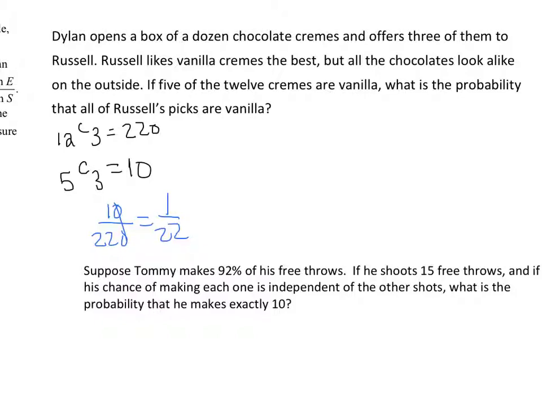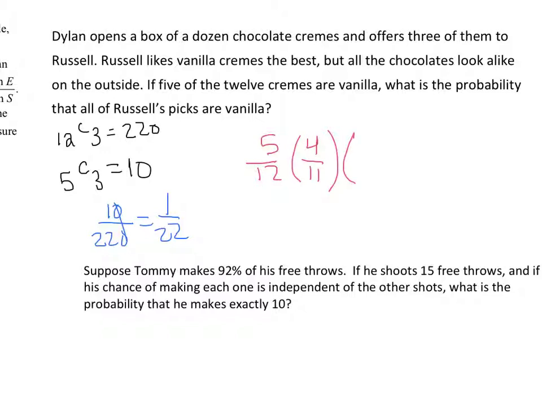Now another way is just thinking about it. You go into the bag. What's the probability you're going to get the first one to be a vanilla? 5 out of 12. You get a vanilla. You go to pick another one. Well, there's only 4 vanilla left, and there's 11 total. Another one.